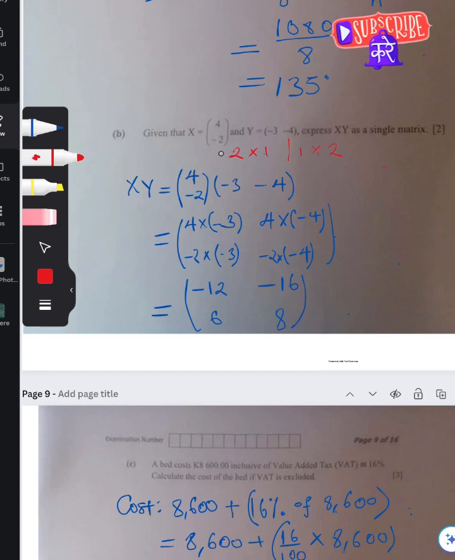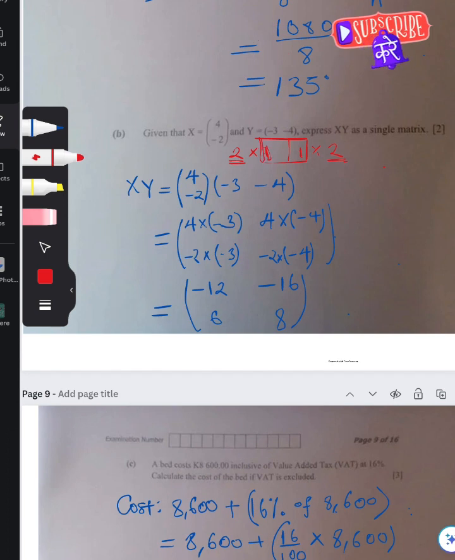You need to observe that the columns of the first matrix and the rows of the second matrix must be equal. Here we have one column and one row. And the product is going to be a 2 by 2, that is 2 rows and 2 columns.